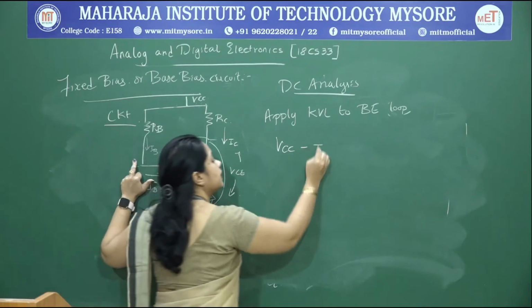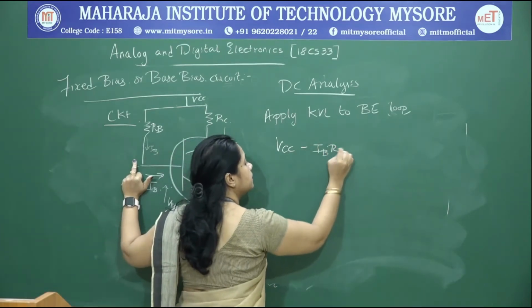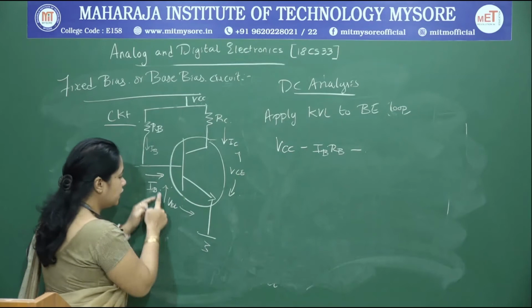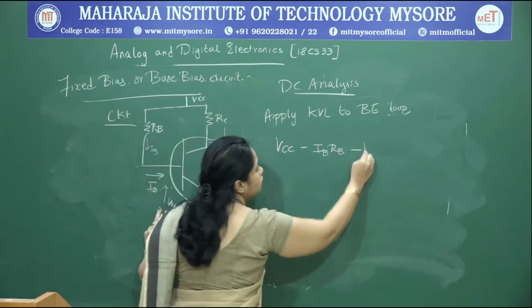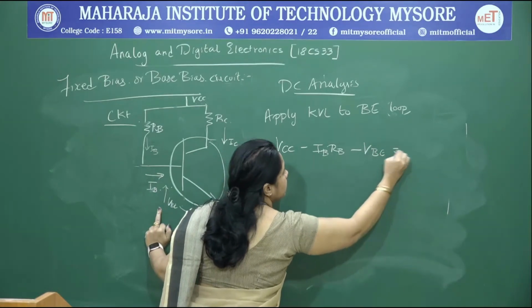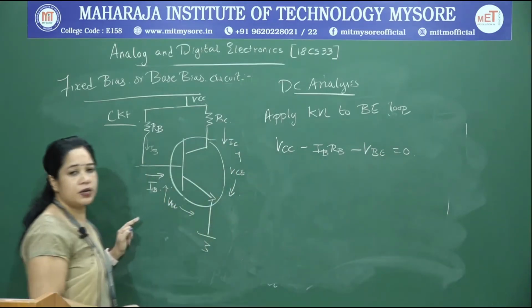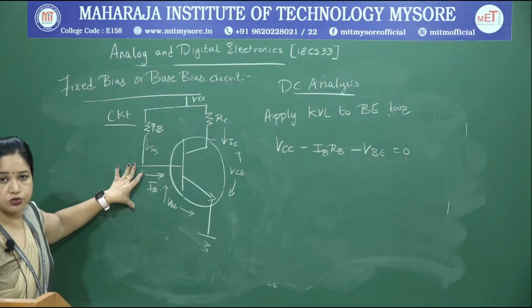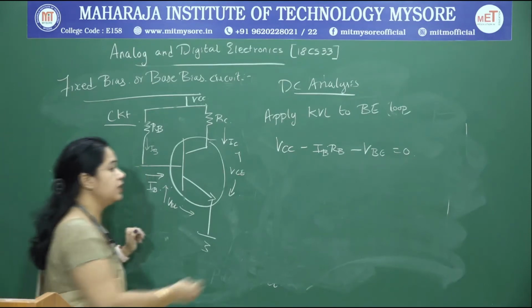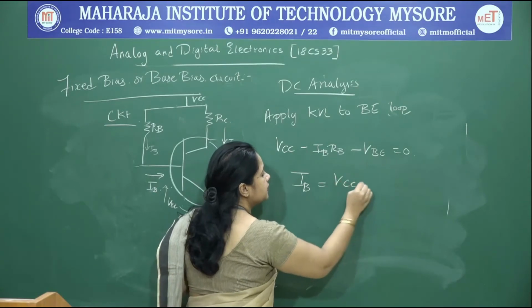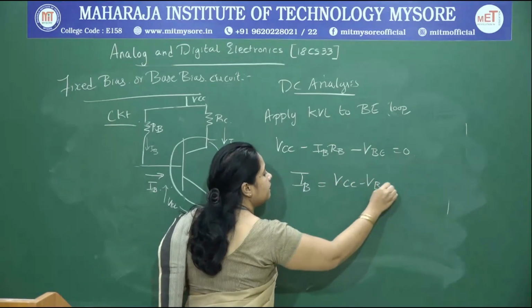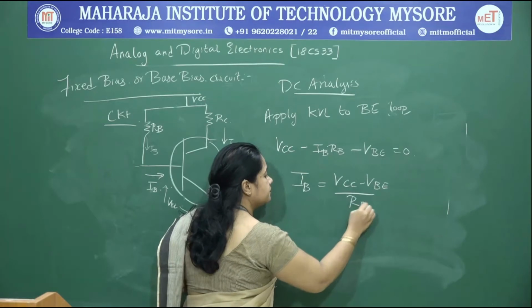So, it becomes minus IB RB, and then you have a cut-in voltage which is against the loop, minus VBE, equal to 0. Now, what am I supposed to determine? The expression for IB. So, IB becomes VCC minus VBE by RB.